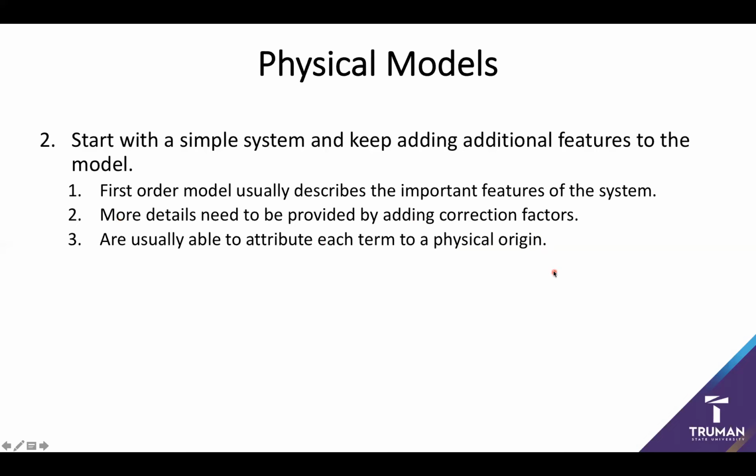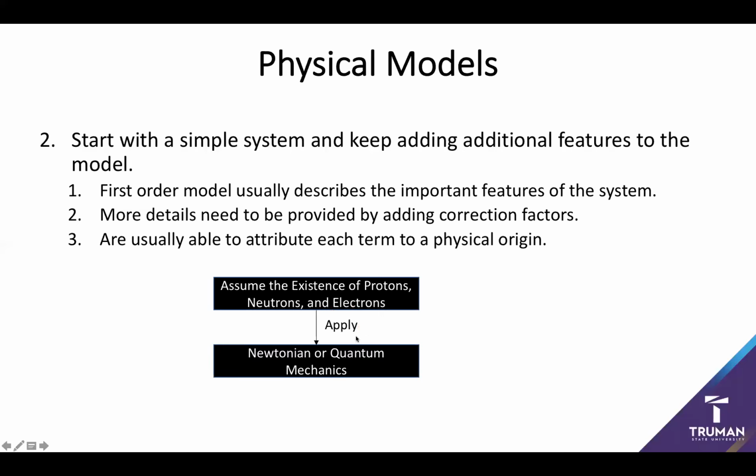A good general theme of how one of these first principles models work is you might assume the existence of protons, neutrons, general nuclei, atoms, molecules, electrons, some sort of fundamental particle. Then we apply a series of either Newtonian or quantum mechanics, depending on what level your system is working, or if you get up to real physics, you might even start applying relativistic theory.